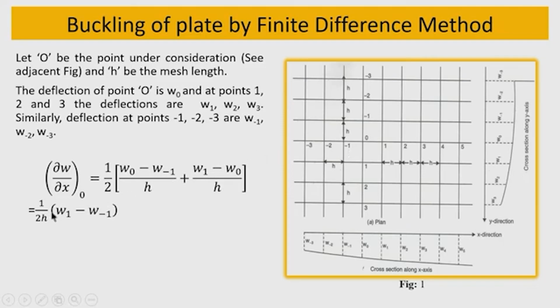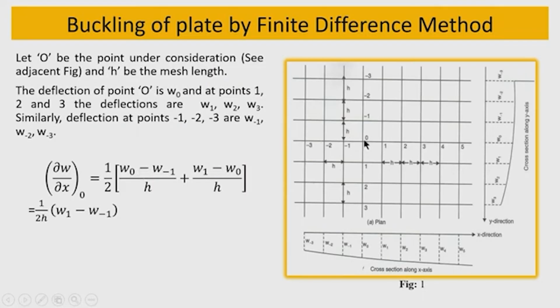So, you can see here 1 by 2h is coming, because the distance between 1 and minus 1 is 2h, and after simplification the expression becomes 1 by 2h bracket W 1 minus W minus 1. So, this is the basic expression for the first derivative of W in the x direction.